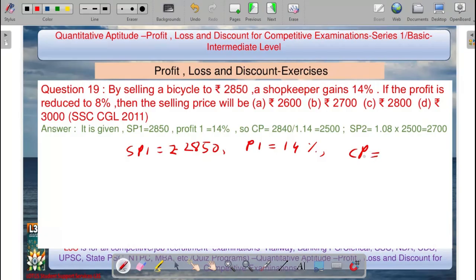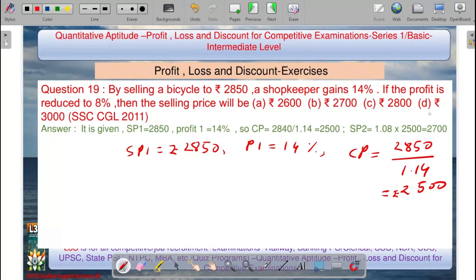In a simple way, 2850 divided by 1.14, then directly we'll get the CP, because 14% means 114 by 100, so that will give 1.14.